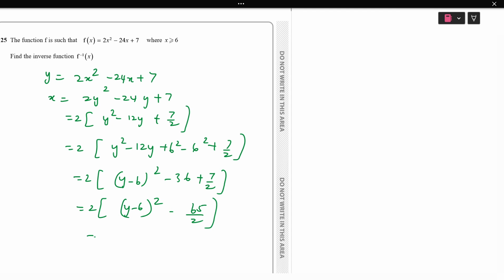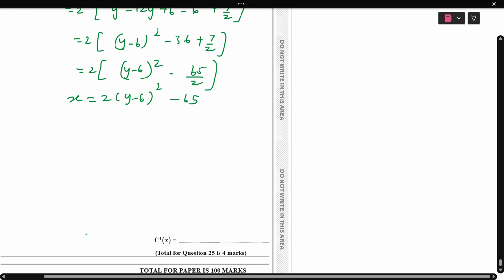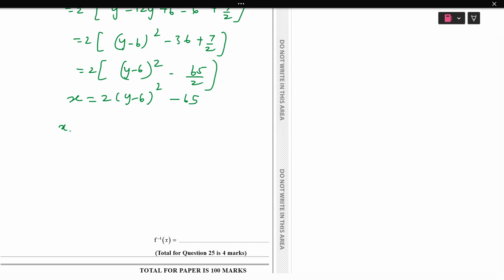Now I'll bring the 2 inside: 2 into y minus 6 whole square minus 65, and this is x. Now we'll make y the subject. I'll bring the 65 here: x plus 65 equal to 2 into y minus 6 whole square.